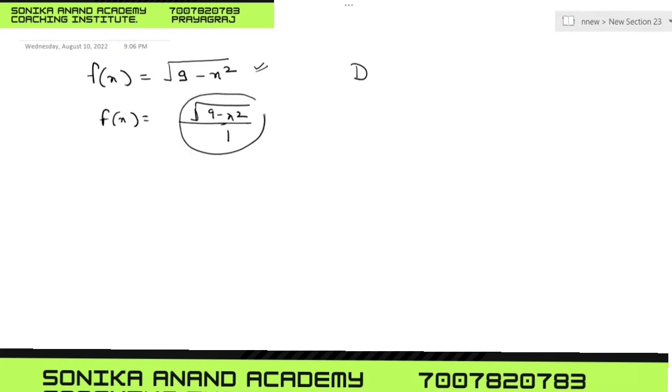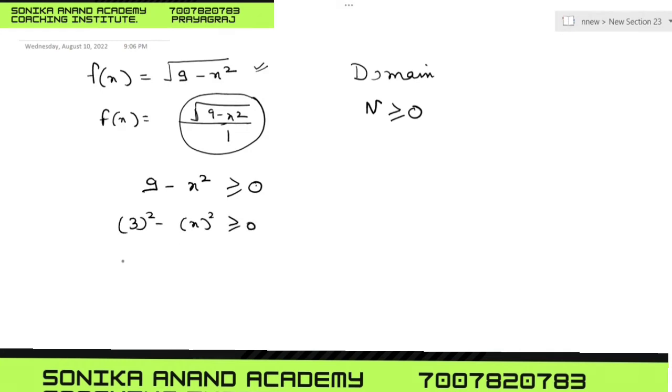So whenever we have a function like this, in order to find the domain, we make the numerator greater than or equal to 0. So we have 9 minus x square must be greater than or equal to 0. So from here, 3 square minus x square greater than or equal to 0. Using the formula a square minus b square is equal to (a minus b)(a plus b), we utilize this formula.